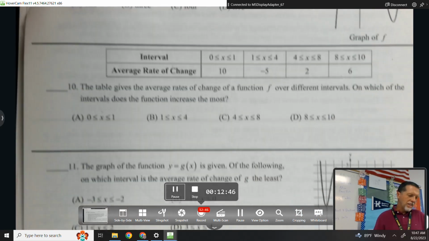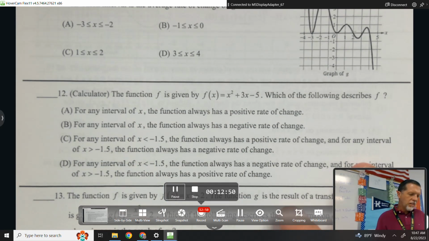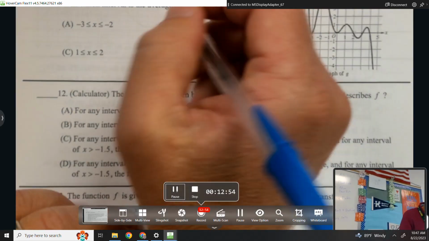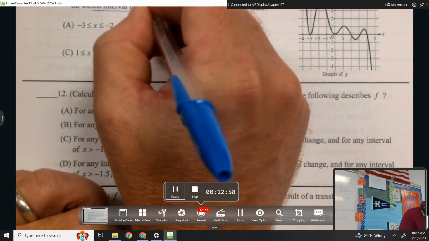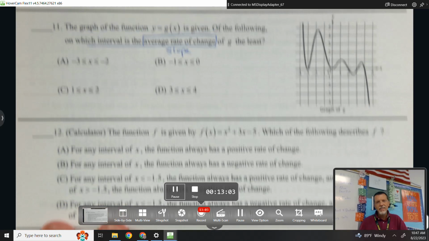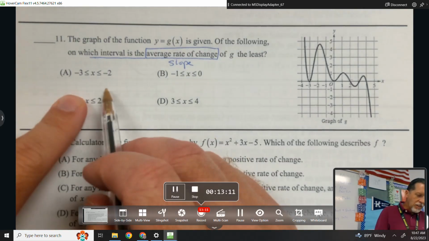Number 11. The graph of the function is given of the following. On which interval is the average rate of change, slope, the least? The least. So that means, well, we'll see, which is the least. So -3 to -2.